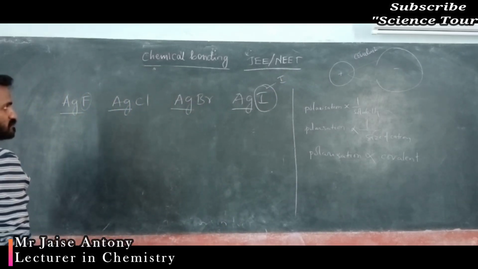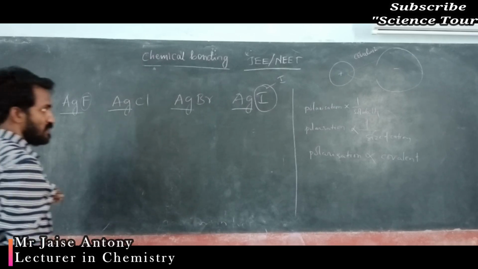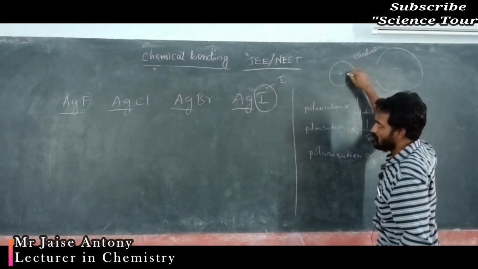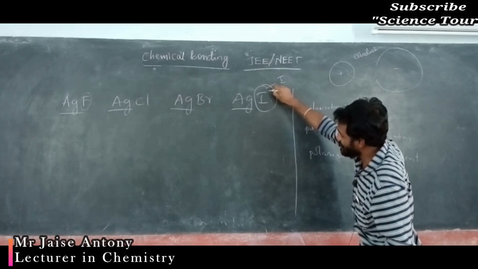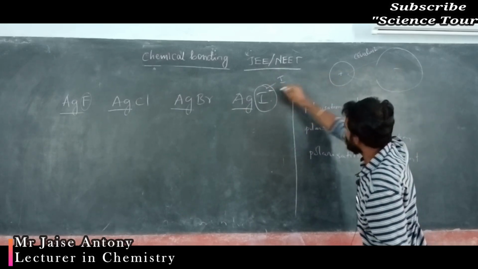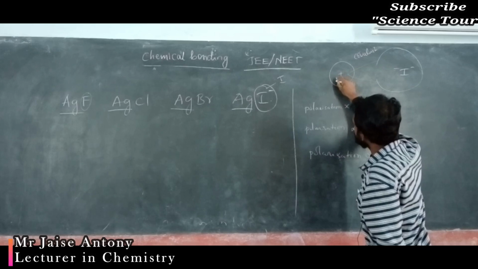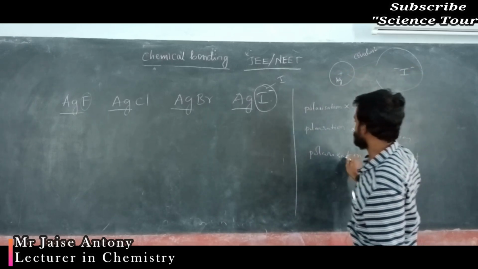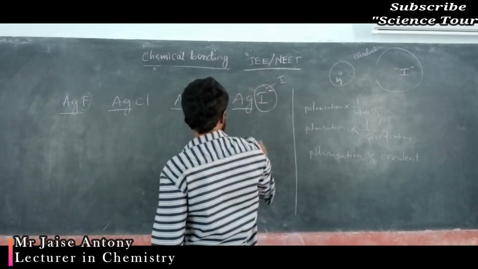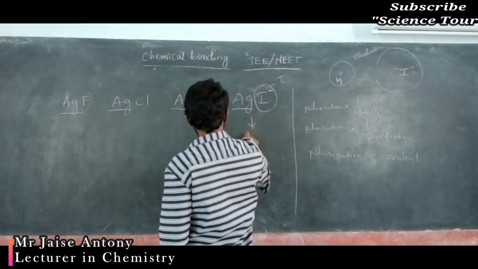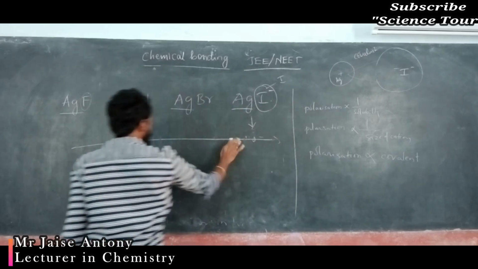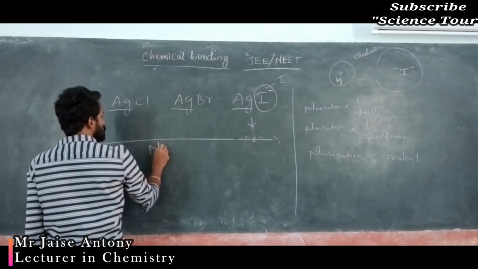What happens? If the iodide size is bigger, the bigger the anion, the more the polarization. In this case, my dear students, AgI has more polarization, because the anion size is bigger. So this way polarization increases.